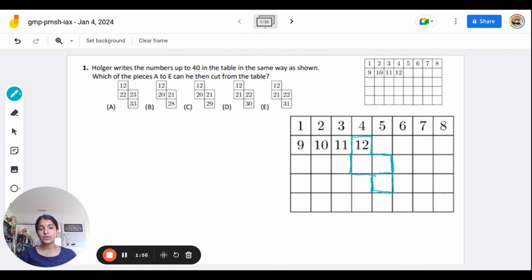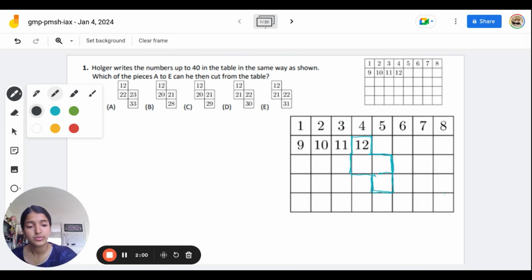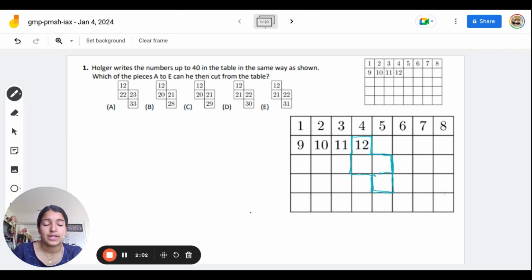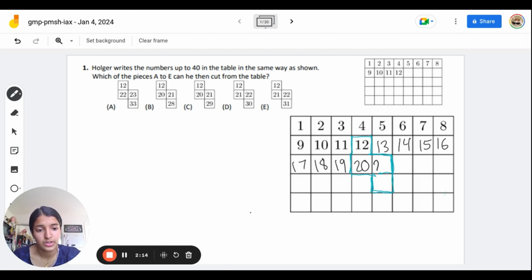So what we need to do is we just need to fill in all the numbers in this table. I'll choose black. And we go up from 12, 13, 14, 15, 16, 17, 18, 19, 20, 21, 22, 23, 24.